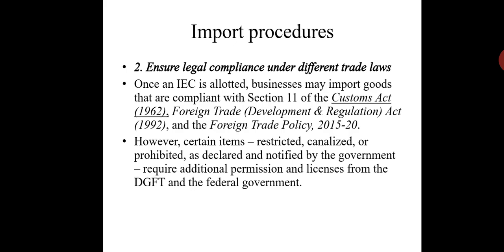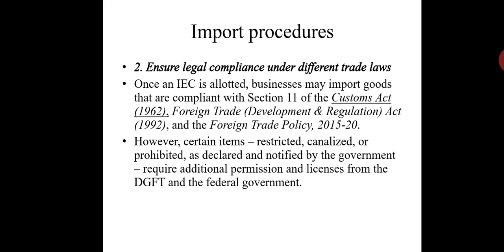Things that cannot be easily imported and exported, or are banned or restricted, but are required for your business, you can buy only if the government or laws allow you to, and you have to register according to other laws.